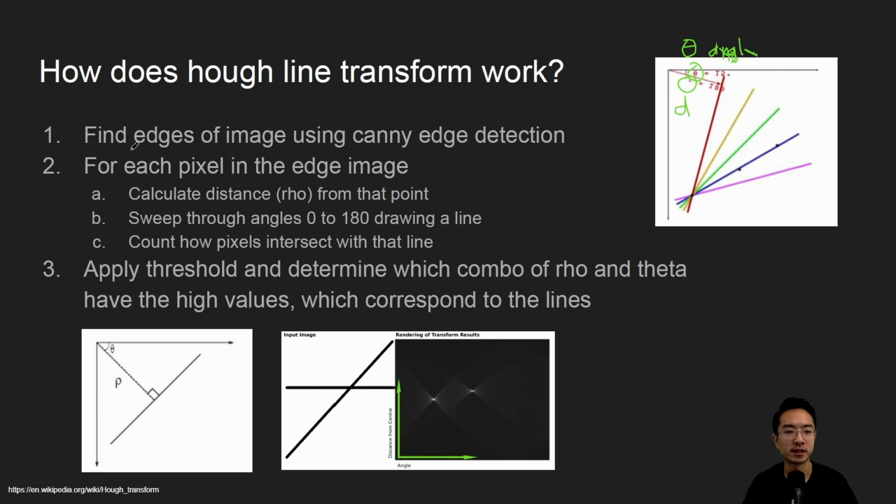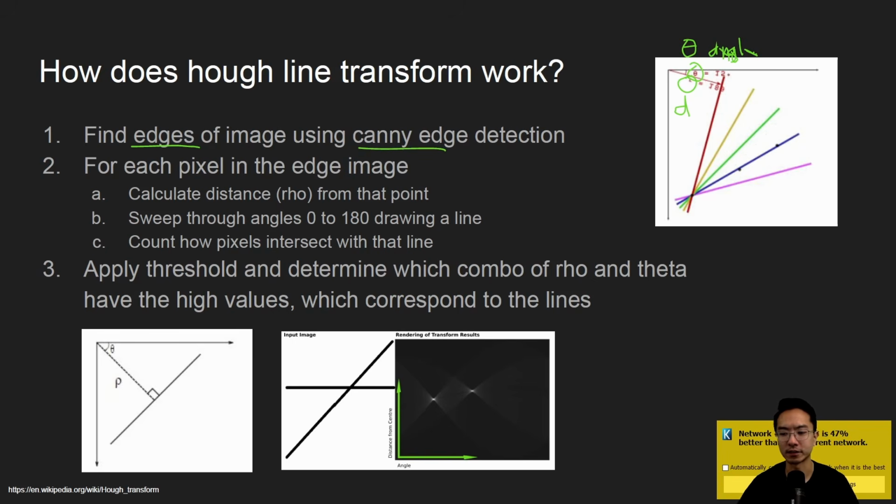So the first step of the process is to find the edges of the image using Canny edge detection. Then for each pixel in the edge of an image, so imagine if you run Canny edge, you're going to have all the potential candidate points that you're working with. And then for each of those edge pixels, what you want to do is calculate the distance from that point.